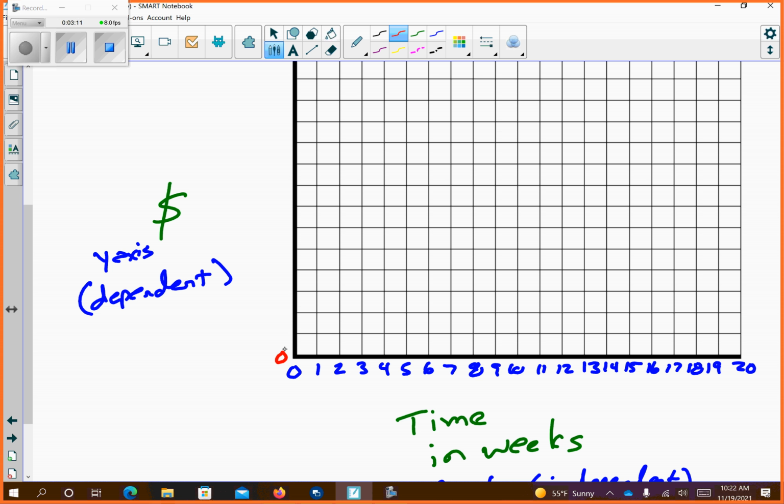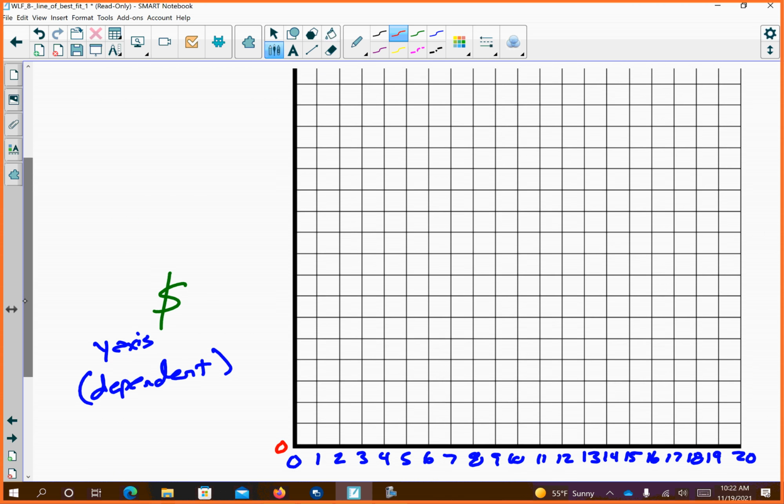I don't know. Count by 50s. Yeah, maybe able to get by with 50s. So let's go every other one. Let's count that as 100, 200, 300.